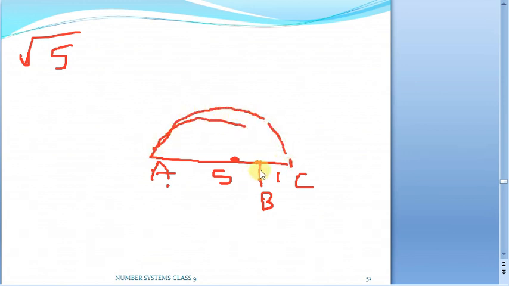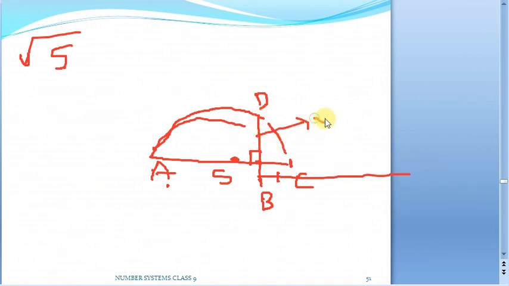Now the next step, you take this point B and drop the perpendicular to the semicircle. So this will be exactly 90 degrees. Let us say this is D, which is going to be your root 5. Now start afresh from this B as the number line, and this BD will be root 5 units.